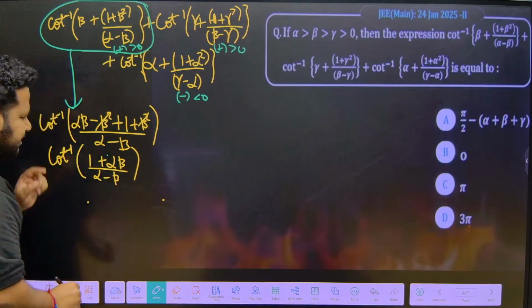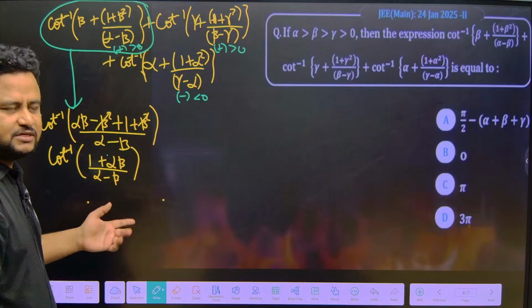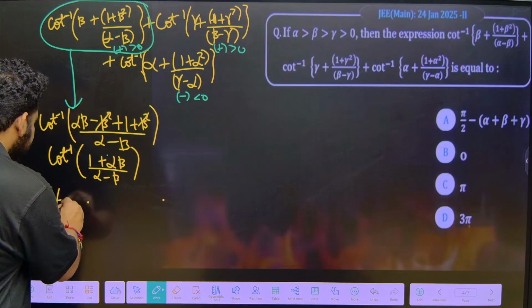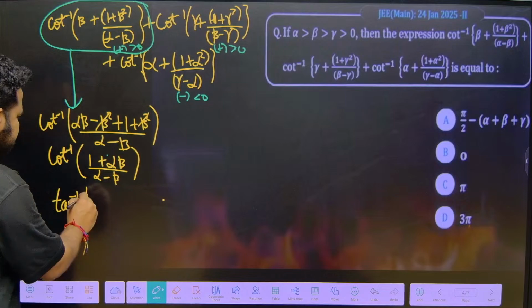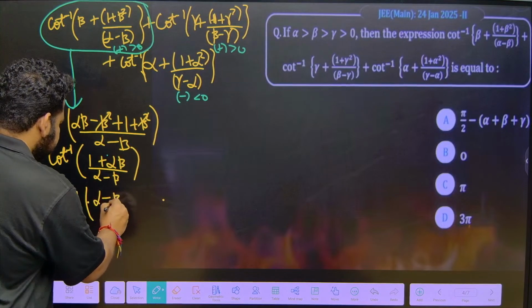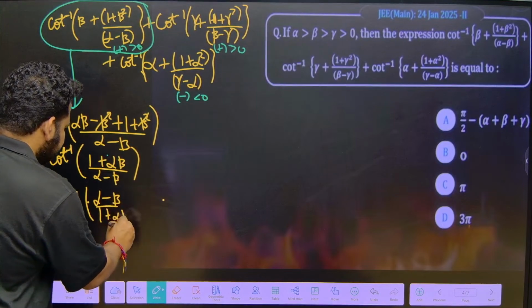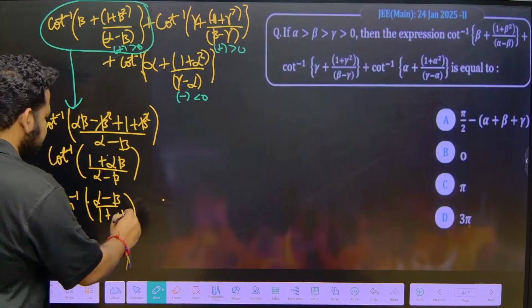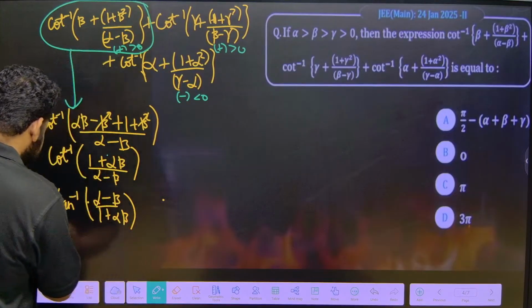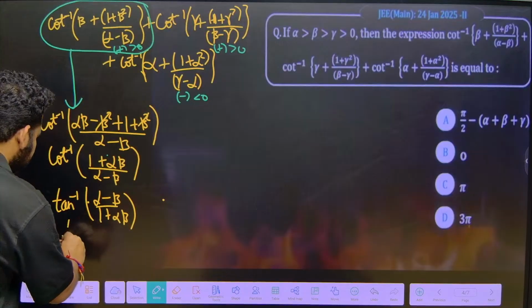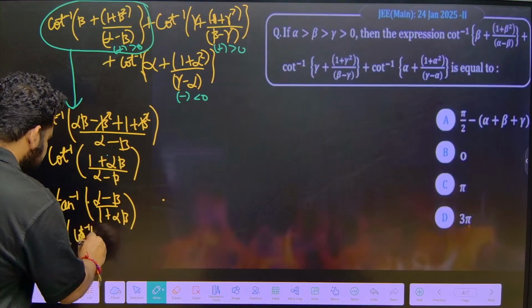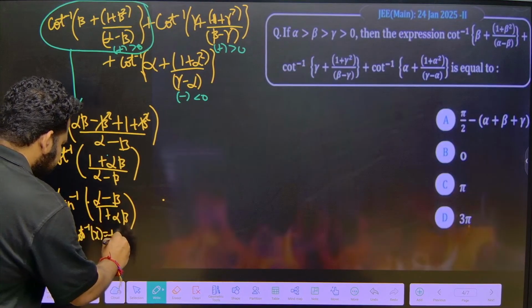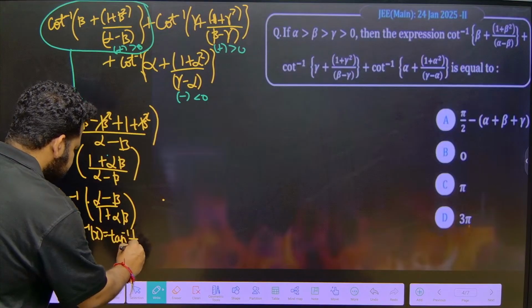This is in terms of cot inverse. If I write it in terms of tan inverse, this will become tan inverse of alpha minus beta divided by 1 plus alpha beta. Why am I writing in terms of tan inverse? Because cot inverse of x is equal to tan inverse of 1 by x.